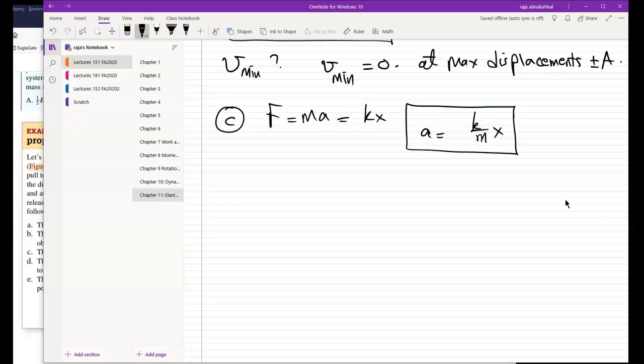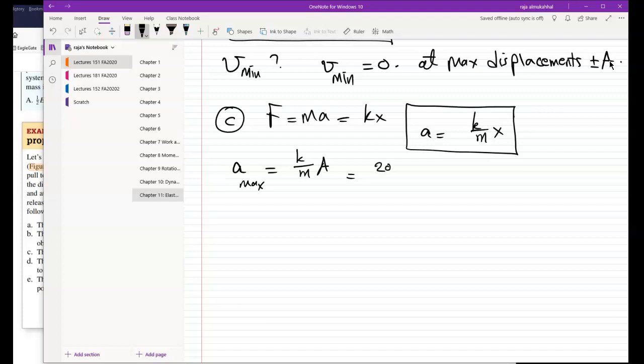So if I take the magnitude of that, the maximum acceleration, a max, occurs at maximum displacement. What's the maximum displacement? It's capital A, the amplitude. In other words, it's k over m times A. Make sense? Just plug it in.